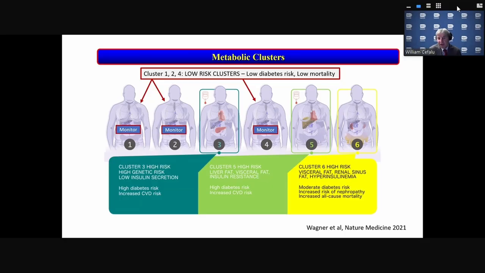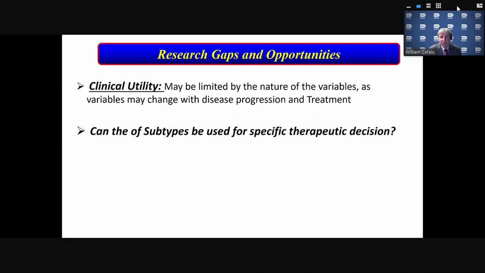But for those who have characteristics that are going to progress and develop diabetes and complications, this is where we would suggest intervening more aggressively. So when we look at these subtypes, again, one of the concerns is that some of the variables like hemoglobin A1C may change with disease progression. So what do you do in that situation?